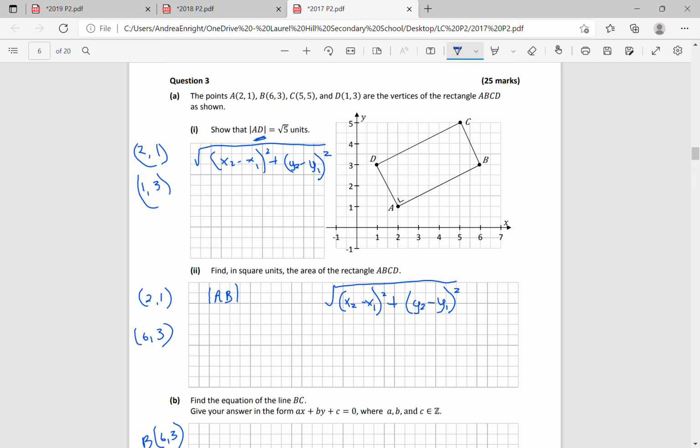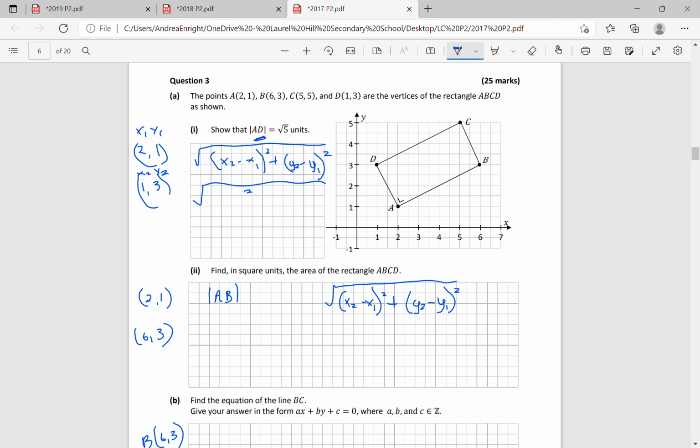Okay, so you need point A, which I'll call x1, y1, and you need point D, which is x2, y2. Sorry, I'm after filling that in wrong.